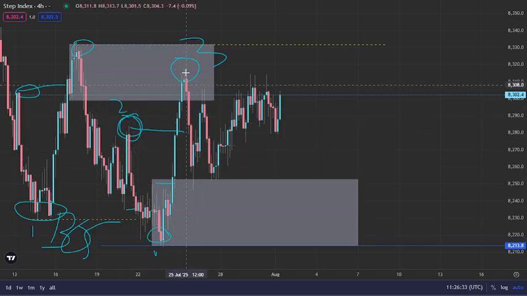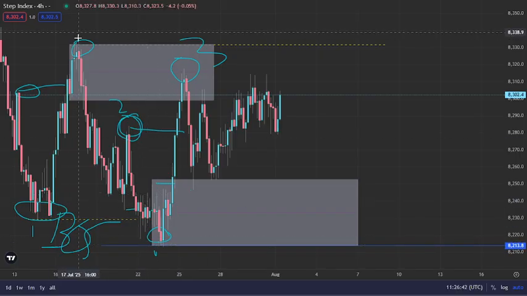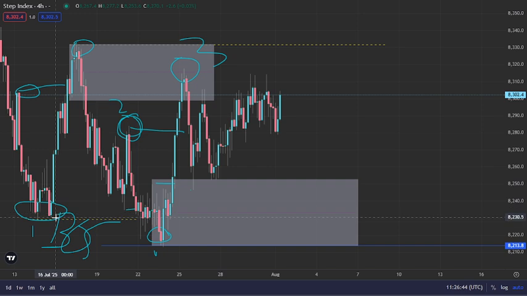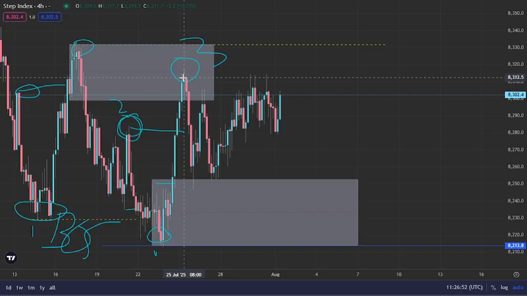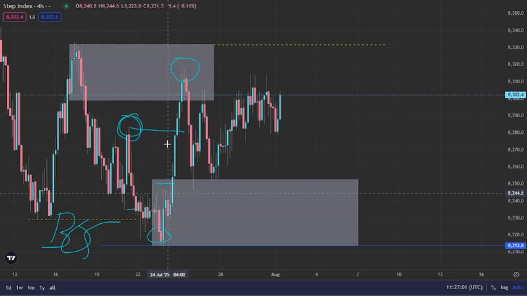It was broken to form a strong structure, to form a weak high, and then we got this low. So here was a weak high, here was a strong structure because we broke this structure. Here is a weak high.